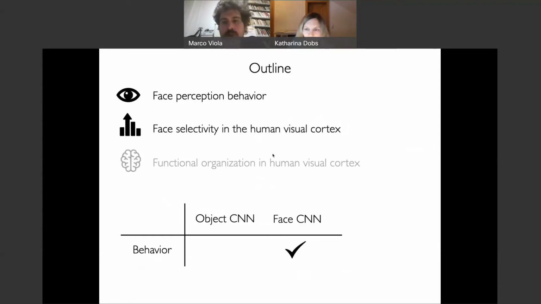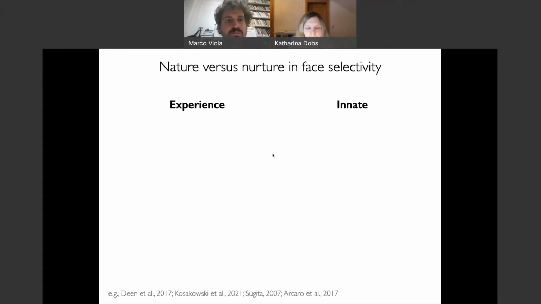Okay, and with that we'll go to the second part, where we look at face selectivity on a neural level in the human visual cortex. Just to introduce the debate a little bit, the debate about nature versus nurture in face selectivity is a long list, and I'm just giving you two examples here.